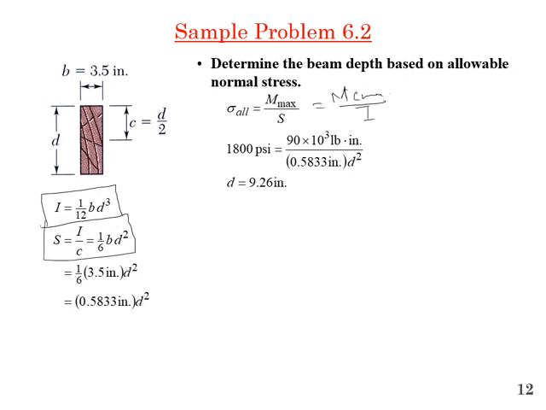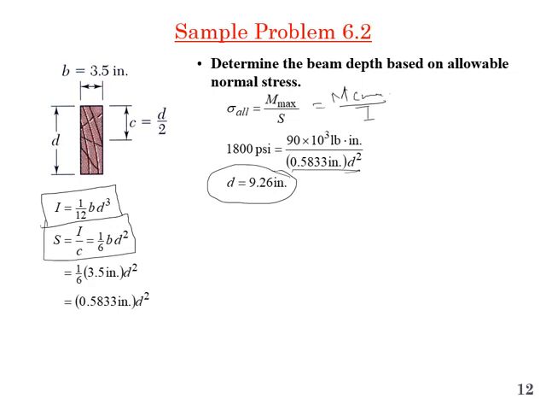So sigma allowable was 1800 psi, and 90 kilopound inch was my bending moment, divided by section modulus in terms of d, because d is unknown and only the other dimension is known. So we put the values and d becomes 9.62 inch. So based on normal stress, the value of d is 9.62.